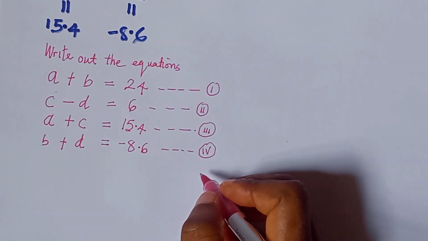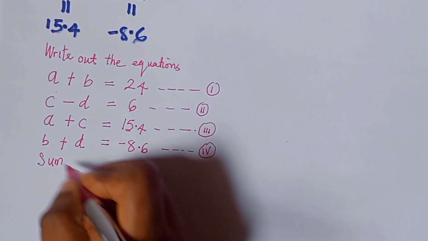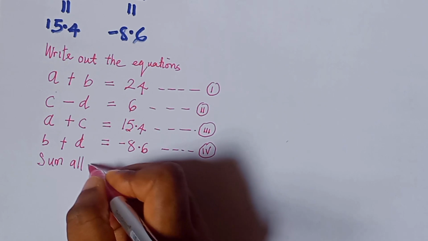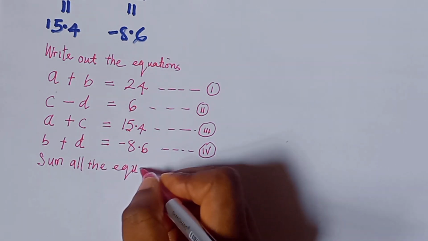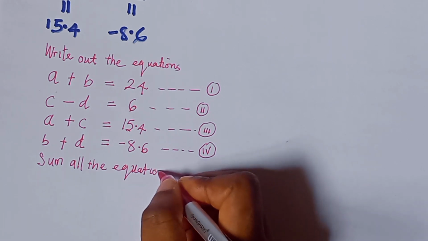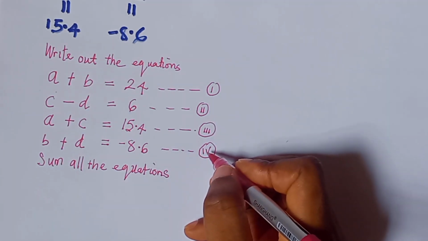Okay, now sum all the equations. We have to sum equation 1, 2, 3, and 4 together.